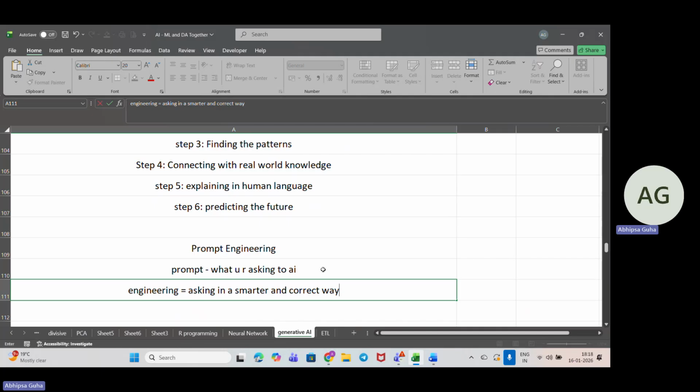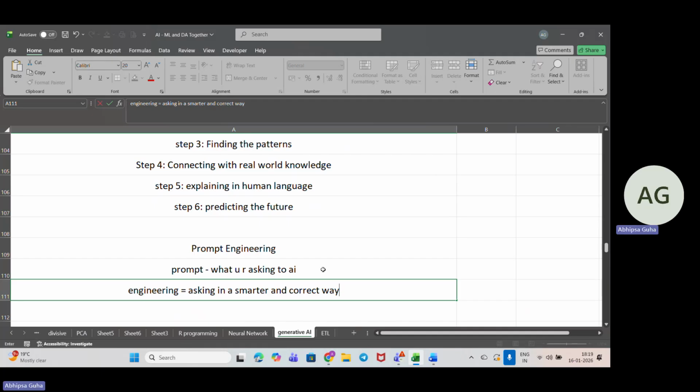Now suppose you are asking AI to explain math. So math of what? For whom? How deeply do you want it? This is the exact thing that you need to give, so as to get the exact and correct answer.